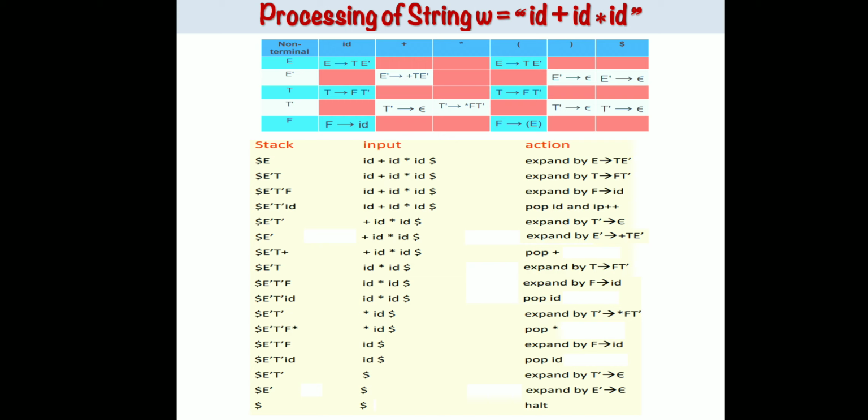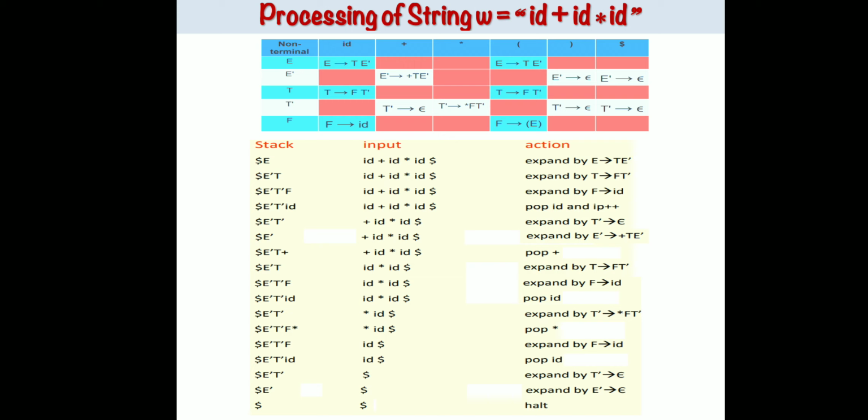From E dash we will get the next production, E dash arrow plus T E dash. Then, as shown, E dash will enter, then T will enter, then plus will enter.